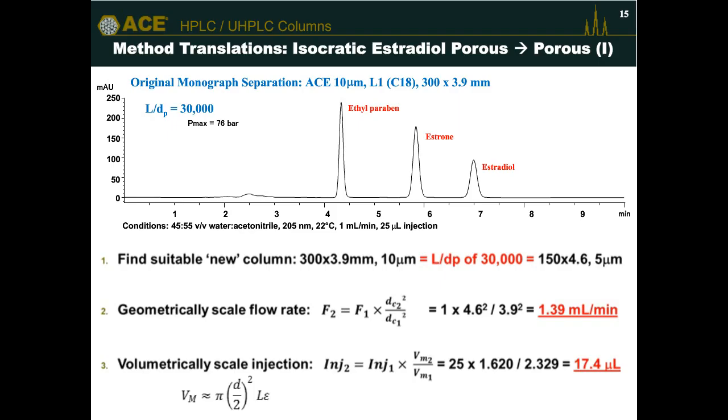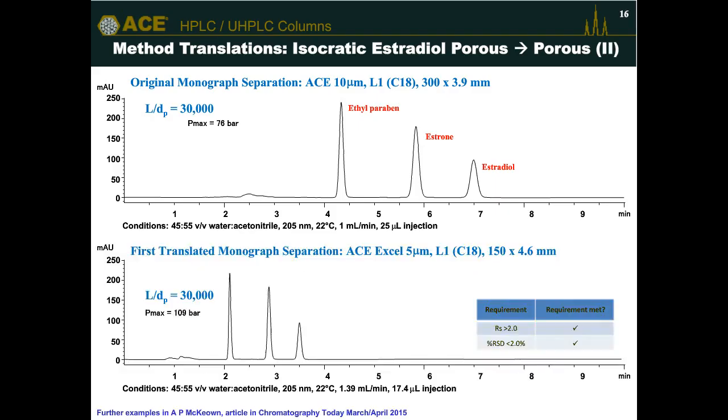So it's suggesting a higher flow rate and a smaller injection volume. And what you can see when we put that into practice is you get a resolution value above 2, which is the monograph specification. You get percentage RSDs within the required range, and you've saved quite a lot of time, so perhaps half the run time. And this is not going as extreme as UHPLC, it's just going from quite a large, big particle size column to a shorter, smaller particle size HPLC column.